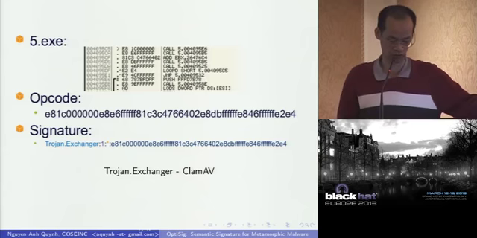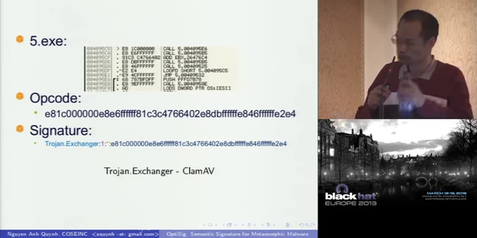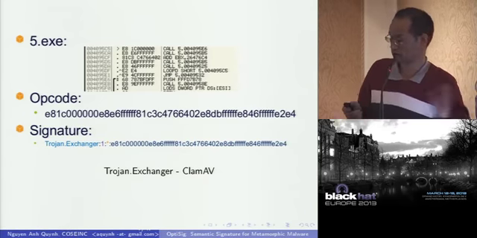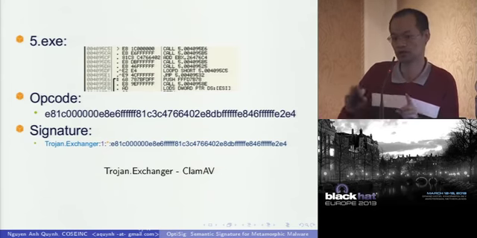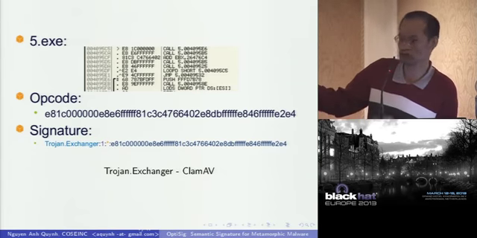Here's one simple signature. I take this one from ClamAV. So you can see that this file has an operation code right here. And this code, this one's malware. This code, we don't see anywhere in the normal file, not anywhere. And this code is specific for this malware.